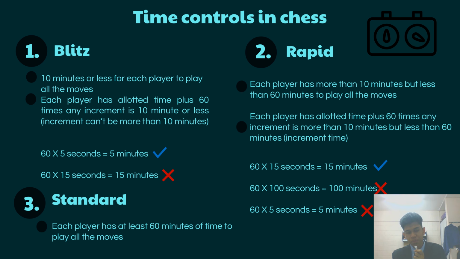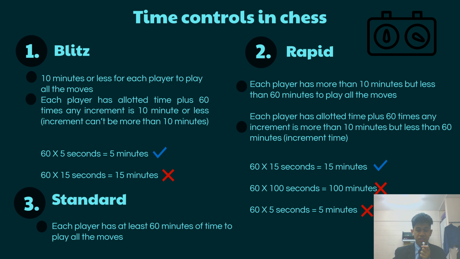So next is rapid. So in rapid, each player has more than 10 minutes, but less than 60 minutes to play all the moves. And also, each player has allotted time, plus 60 times any increment that is more than 10 minutes, but less than 60 minutes. So for example, in the first point, 60 times 15-second increment equals 15 minutes. So that is rapid because it's more than 10 minutes and less than 60 minutes.